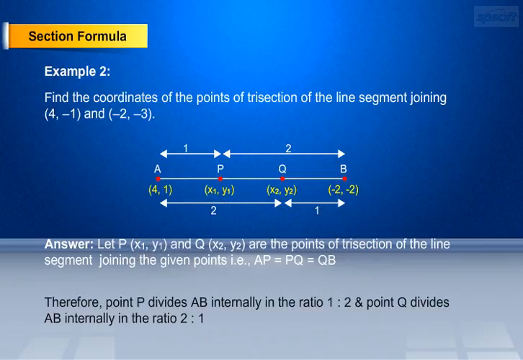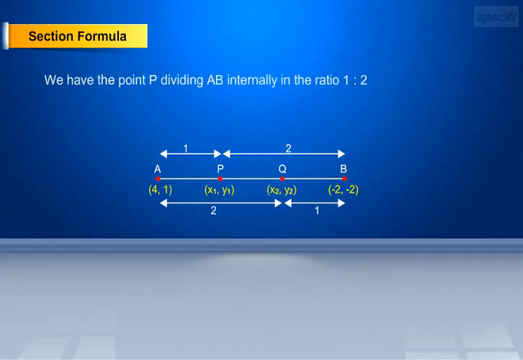Therefore, the point P divides AB internally in the ratio 1:2, and point Q divides AB internally in the ratio 2:1. We have point P dividing AB internally in the ratio 1:2.